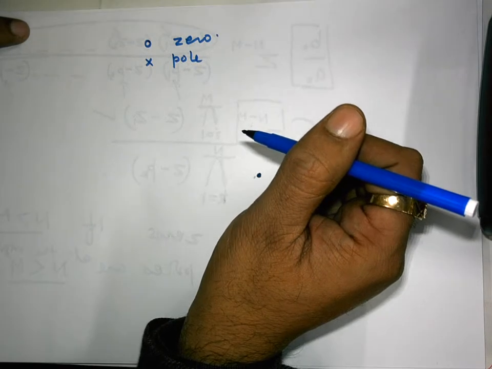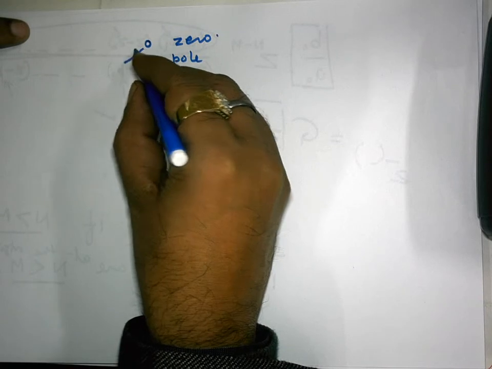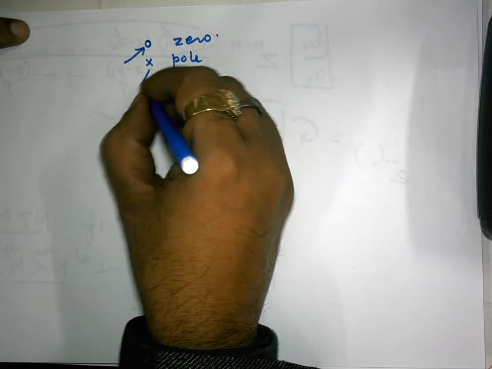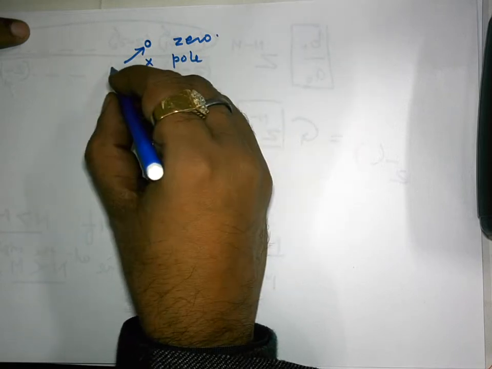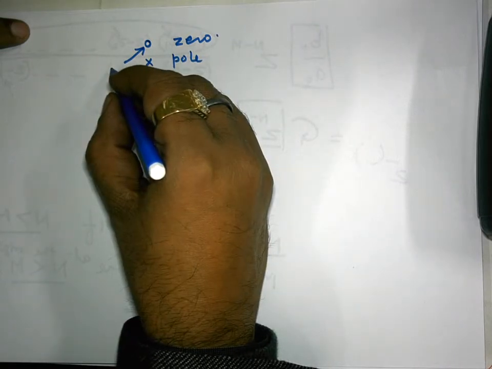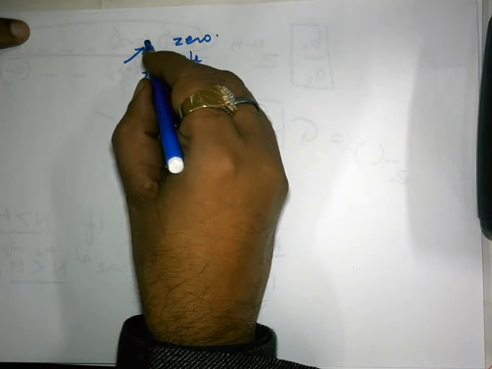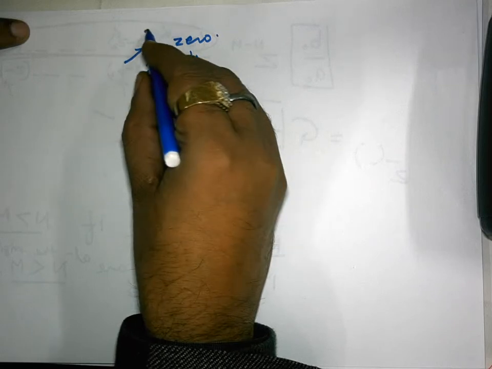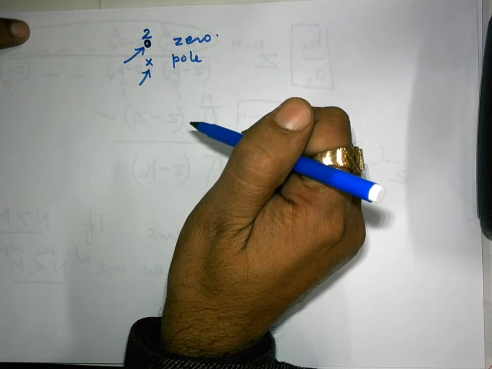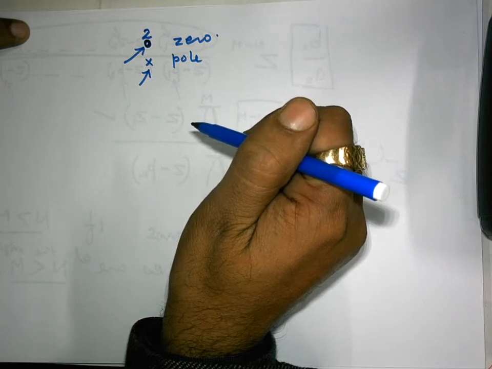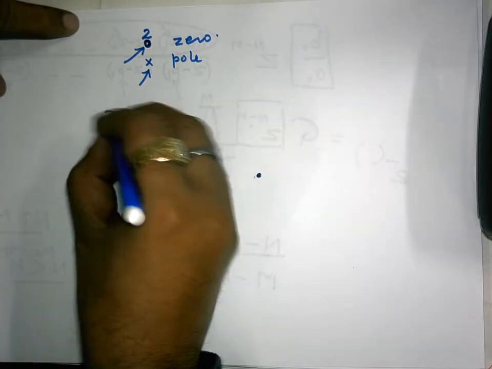Okay, and if suppose at the same point there are many zeros or many poles, multiplicity of zeros and poles, then it is indicated by the number nearby. Okay, suppose there are two zeros at the same point, then it will be indicated by a circle at that point and 2 immediately adjacent to this. This 2 shows that there are two zeros at the same point. Okay, so let us draw a pole zero pattern for a signal.